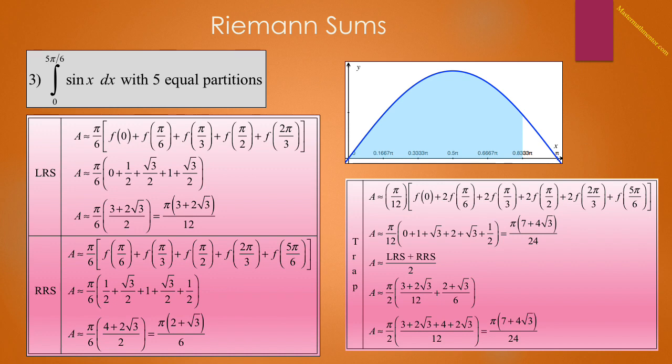If we get a common denominator within the parentheses, we get pi over 2 times the quantity 3 plus 2 square root of 3 plus 4 plus 2 square root of 3 all over 12. And multiplying out, we get pi times the quantity 7 plus 4 square root of 3 all over 24, which is the same result as we got when we used the trapezoid rule formula.